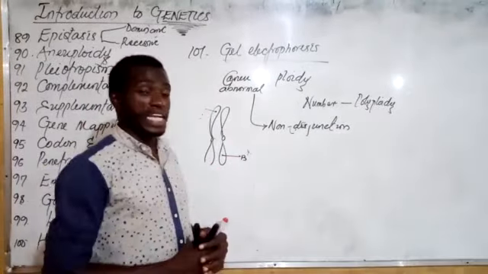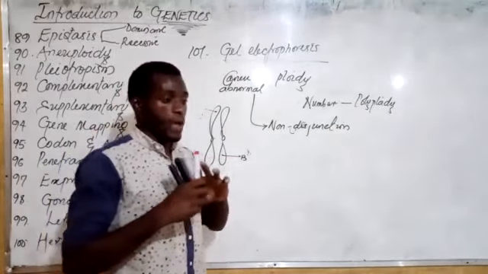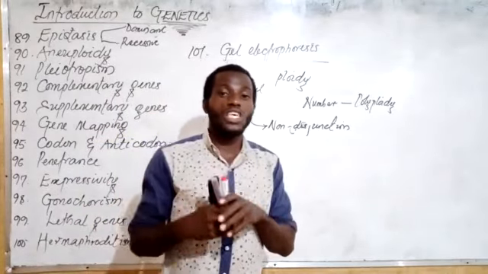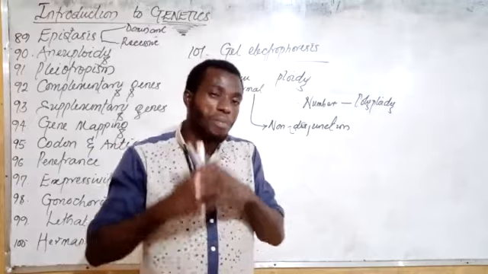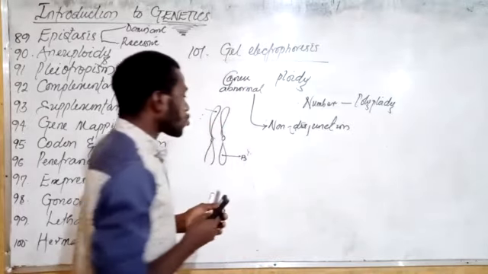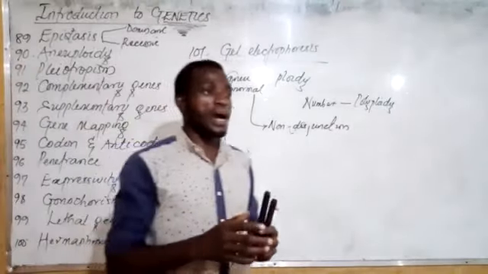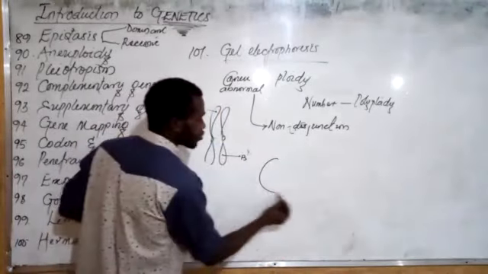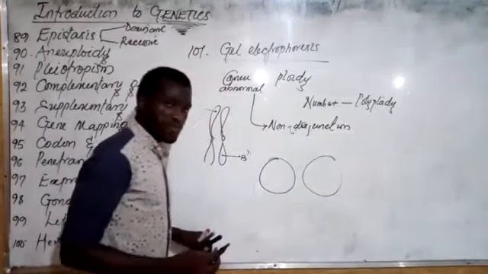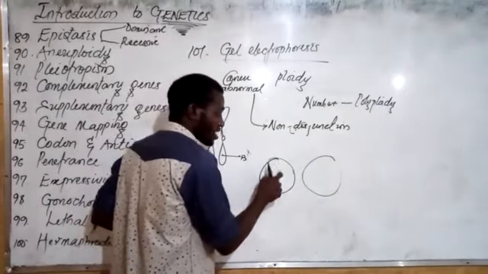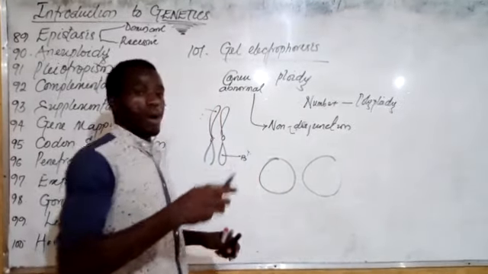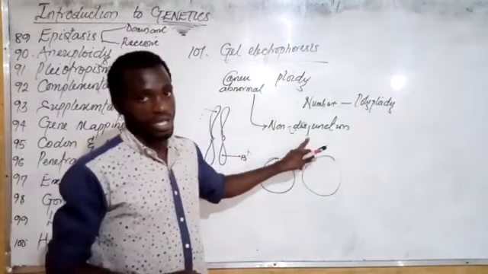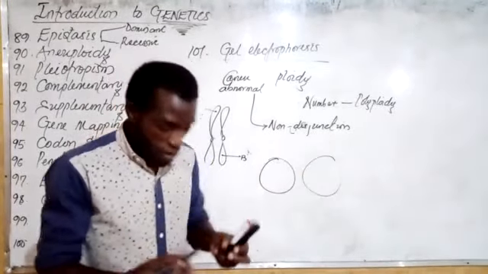Non-disjunction means that at the anaphase, where chromosomes are supposed to separate, if there is non-disjunction of a particular chromosome, such that when we now have our two cells being formed, a particular cell will have more chromosomes than the other, then non-disjunction has occurred.